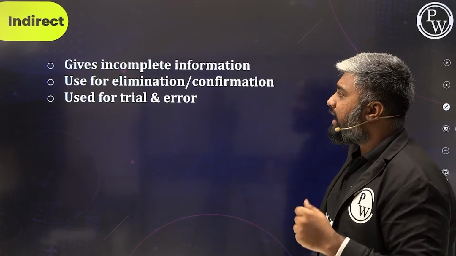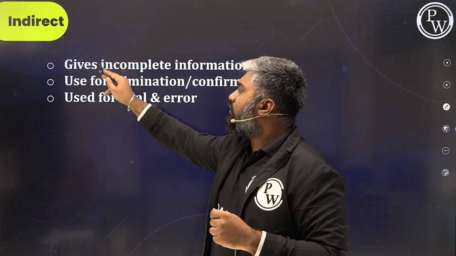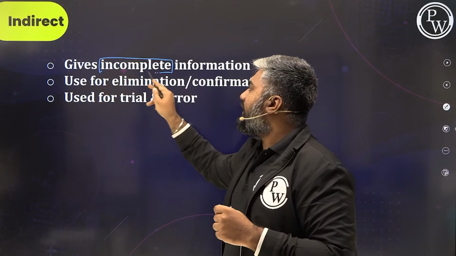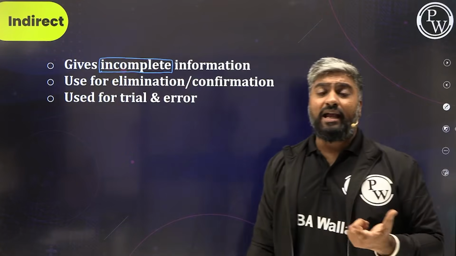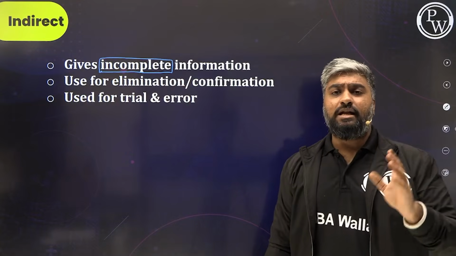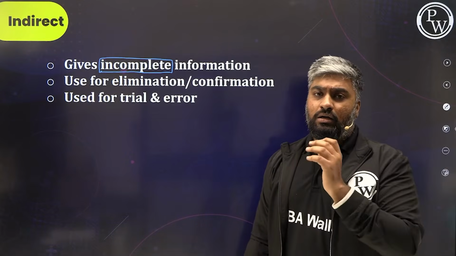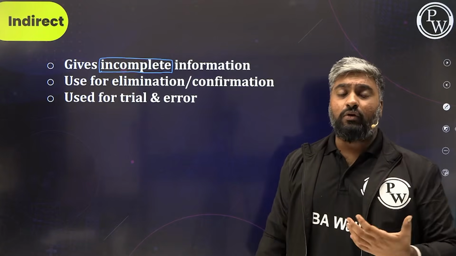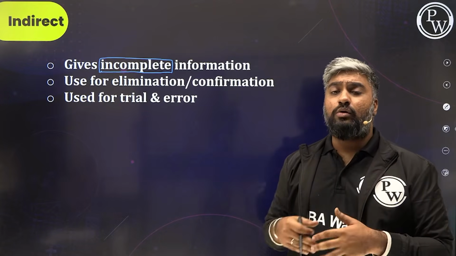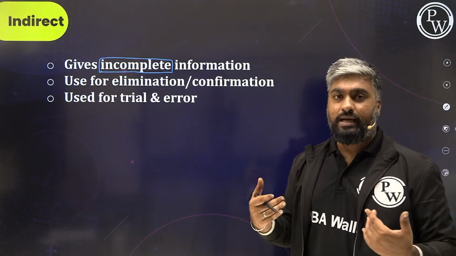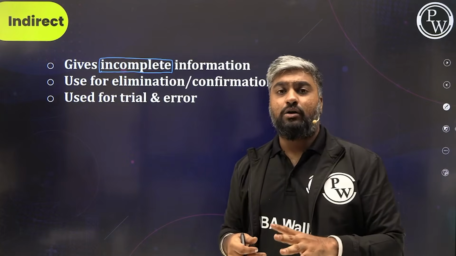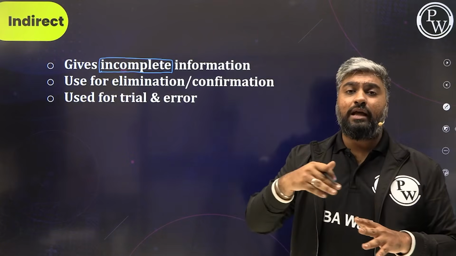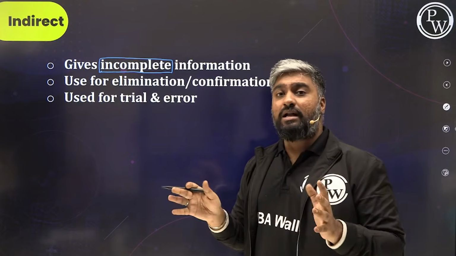What is an indirect clue? It does not give you complete information. Usually, it may be in a negative form. B does not own a red house. So B does not own a red house could mean so many different things. Obviously it does not own a red house, but it could own any other n minus 1 number of houses.